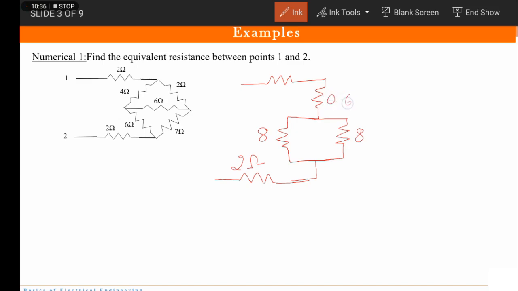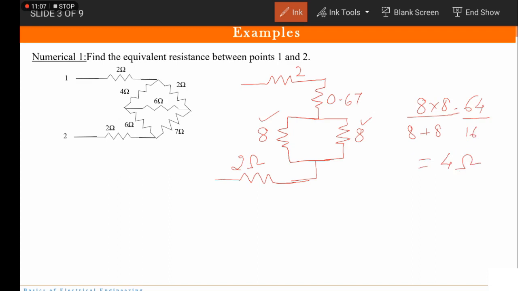This was 0.67 and this was 2. Now if we talk about 8 ohms and 8 ohms, again they are in parallel, and what is the effective resistance of two 8 ohms connected together? It would be 8 into 8 upon 8 plus 8, which comes out to be 64 upon 16. So finally 4 ohms.